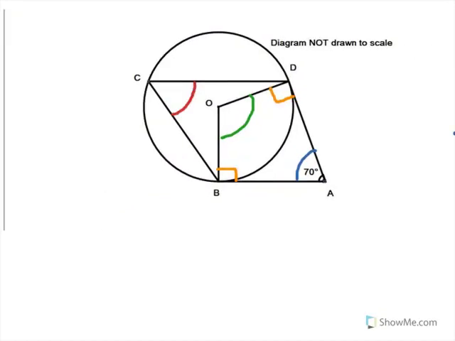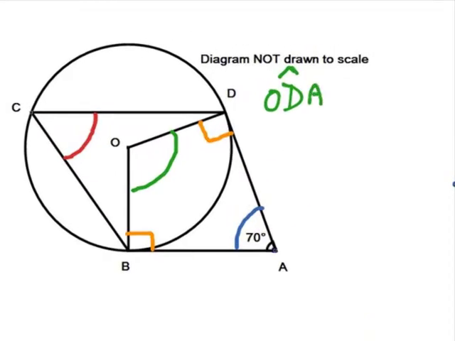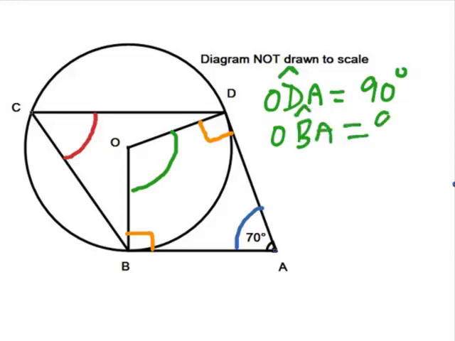And here's the diagram again, with the angles marked in. So we first of all need to write down that angle ODA is 90 degrees, and the angle OBA is also 90 degrees.